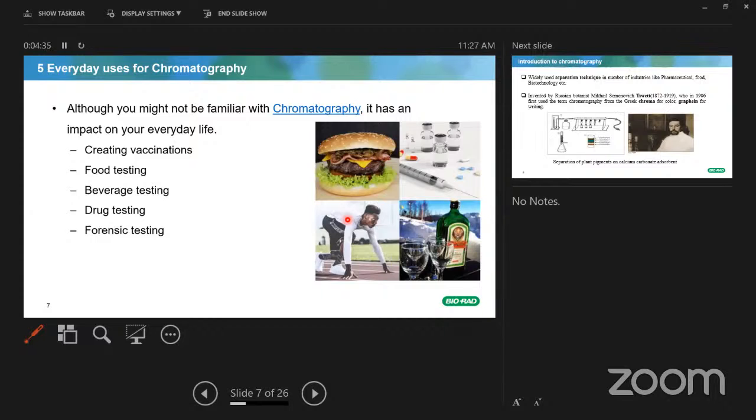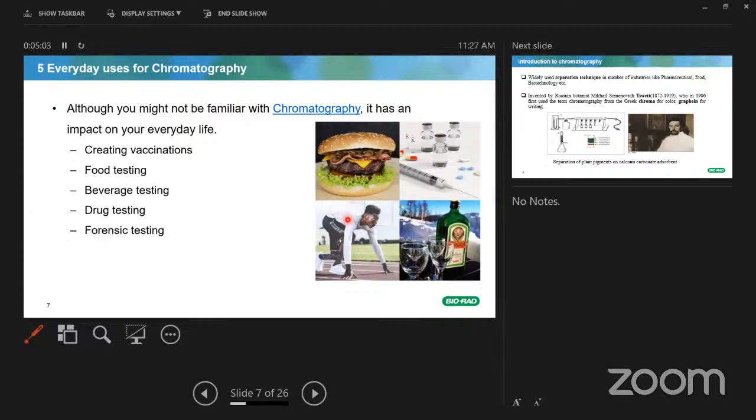Just to give you a brief on chromatography in our day-to-day life, the 5 everyday usages of chromatography, I put a snapshot. Now everybody knows about the COVID vaccines. In creating vaccines, a chromatography step is an essential part of getting pure vaccines. We talk of HPLC, which is small scale.